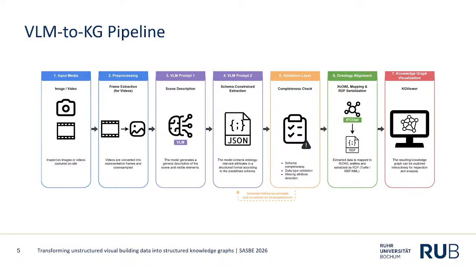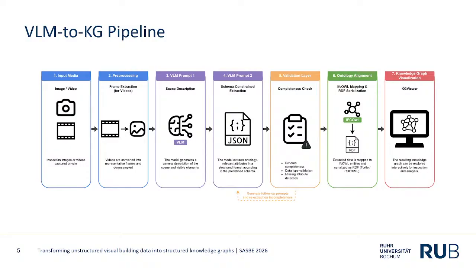And secondly, we have the second VLM prompt call, which is more related to the schema-constrained extraction. So at this step, we extract attributes in a certain format we would like to have in the knowledge graph later on. And fifth, we have the validation layer.